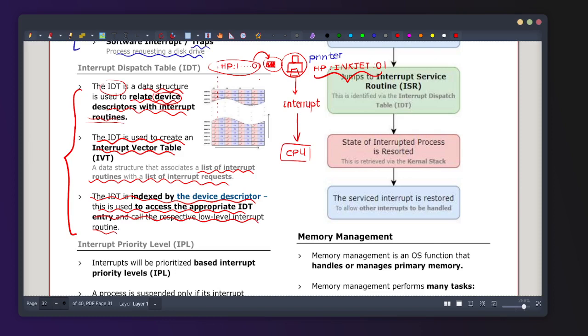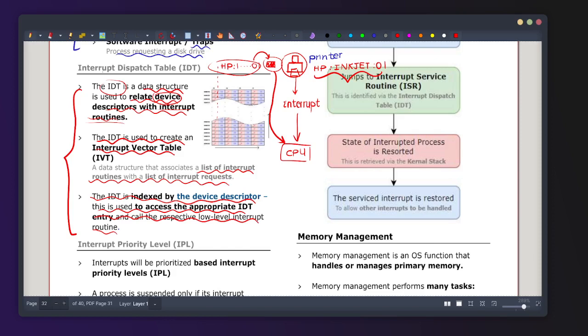Now once that is done, you need to send a request to the CPU saying, okay, you need to run this interrupt routine now, right? And once this interrupt routine request is sent, the CPU will then run the low-level interrupt routine.